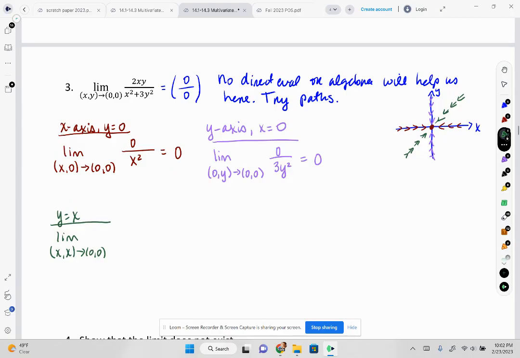But all it is is just replacing any y's with x's. So in my function, when I replace all the y's with x's, I get 2x times x in the numerator. In the denominator, we have x squared plus 3x squared. That is going to simplify a bit. I get the limit as (x, x) approaches (0, 0) of 2x squared over 4x squared.